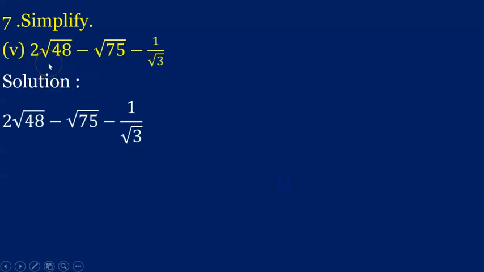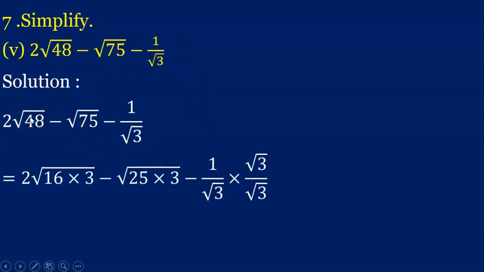2 root of 48 minus root of 75 minus 1 by root 3. Now root of 48 can be written as root of 16 into 3, that is 2 root of 16 into 3, minus root of 75, that is root of 25 into 3. Now here, 1 by root 3, multiply numerator and denominator by root 3. Then you will get here 1 into root 3 is root 3, root 3 into root 3 is 3.